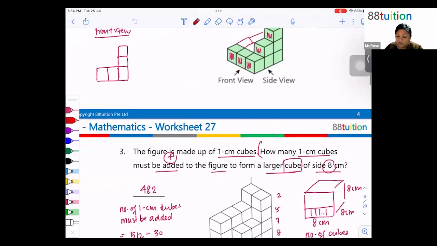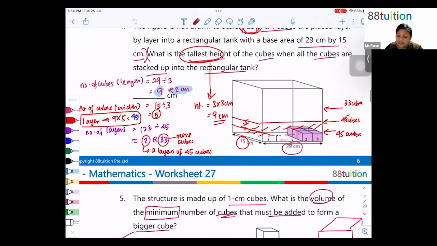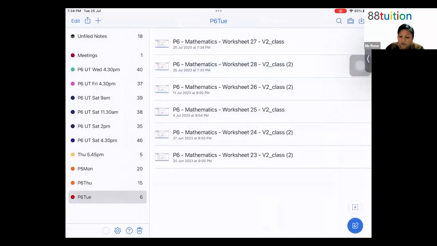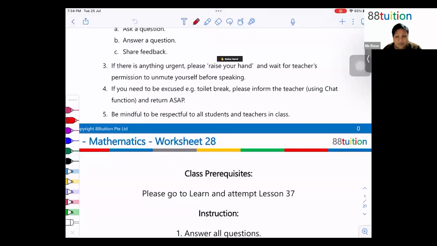Packing of the cubes is where we have a container and we try to pack the cubes into the container. So today we're doing a continuation of last week, but still on volume.